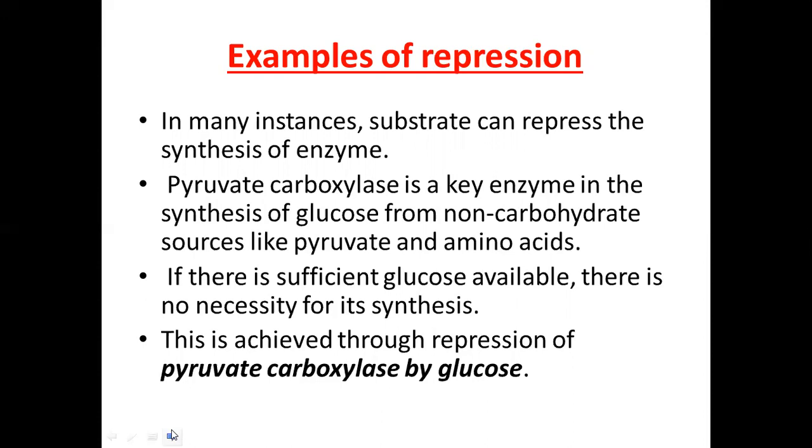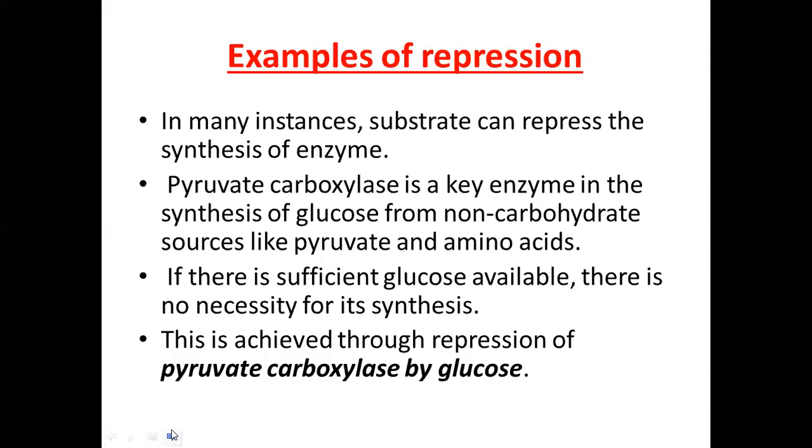You have seen it when we discussed gluconeogenesis, which was the synthesis of glucose from non-carbohydrate sources, which may be pyruvate or certain amino acids. Therefore pyruvate carboxylase is an important or key enzyme for the synthesis of glucose when non-carbohydrate sources are available.